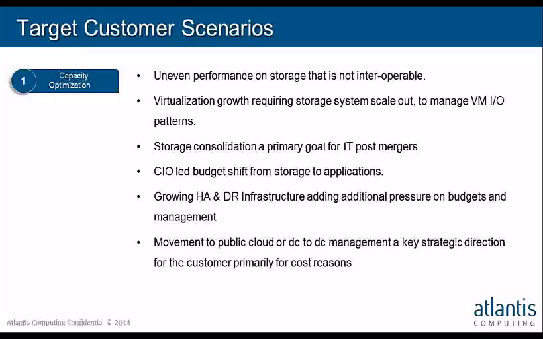One is general capacity optimization, which is where there's uneven performance on storage, storage that's not interoperable, or even storage that's interoperable and you want to improve the capacity utilization across that or the amount of performance you get from that storage layer. That can be a relevant use case.